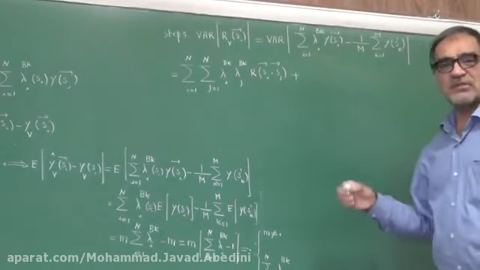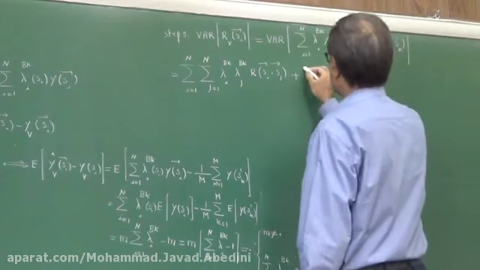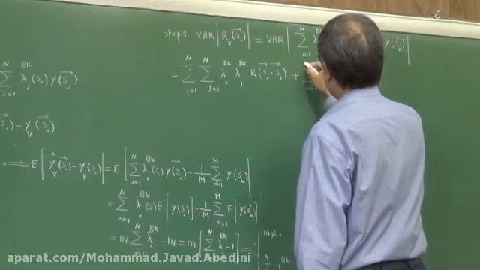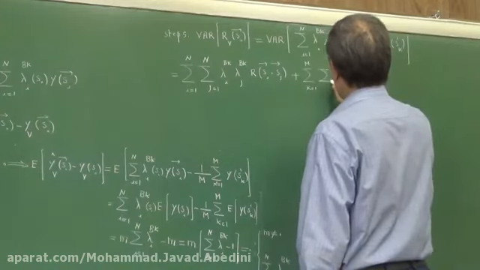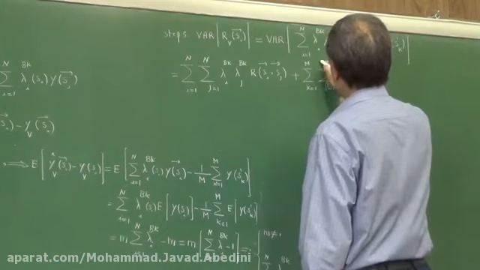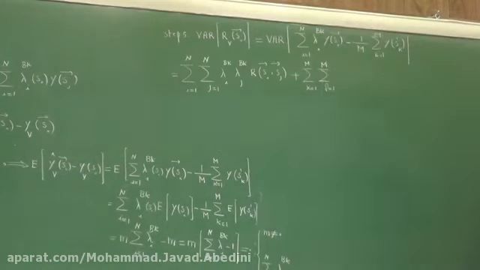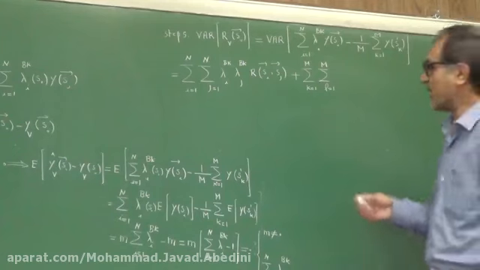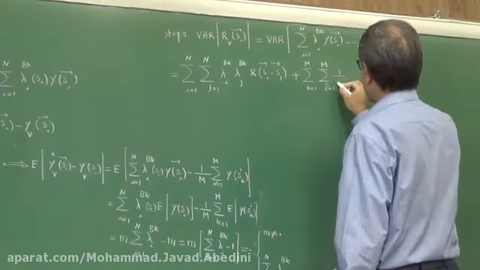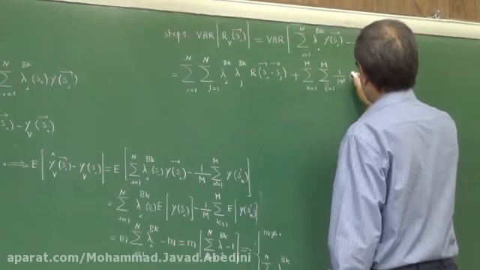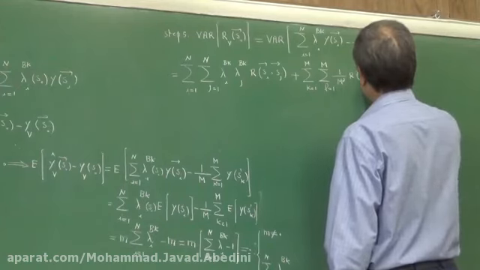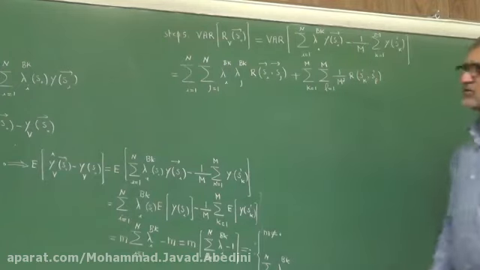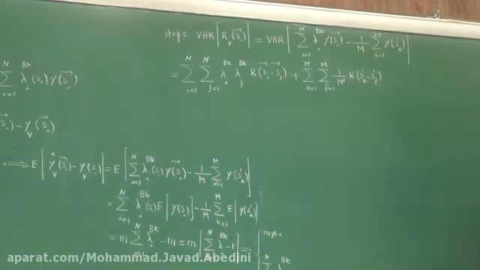Therefore, it will become a double summation, k from 1 to n, summation l from 1 to m, and then 1 over m times 1 over m, 1 over m squared, and then R(S prime k, S prime l). That's how to compute the variance of a linear combination.